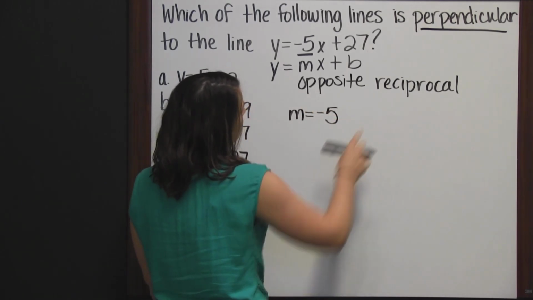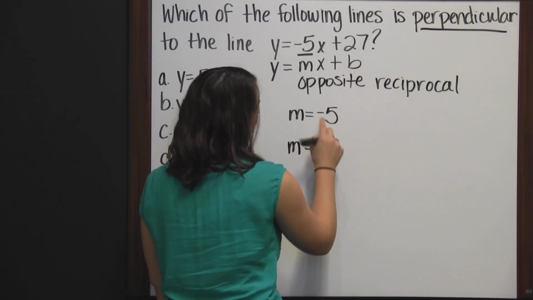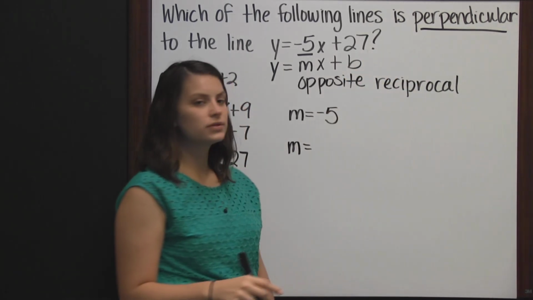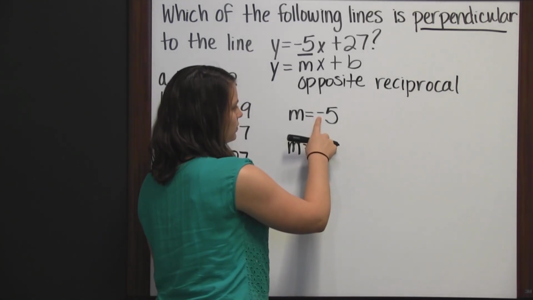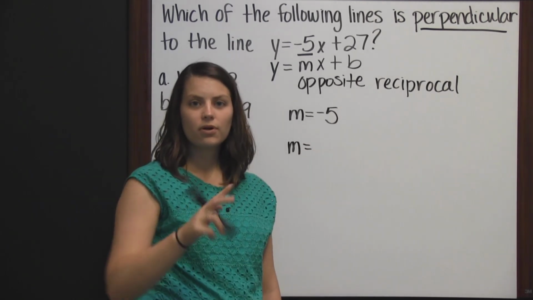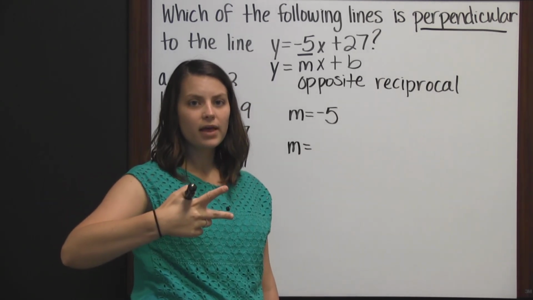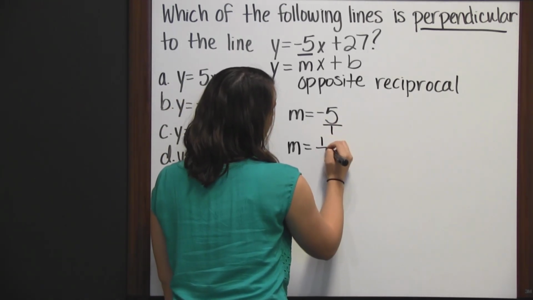The slope of a line that's perpendicular to this line would have an opposite reciprocal slope. Opposite meaning opposite sign. So instead of negative, the slope will be positive. And then reciprocal, meaning simply to flip the fraction. So this is 5 over 1. The reciprocal would be 1/5.